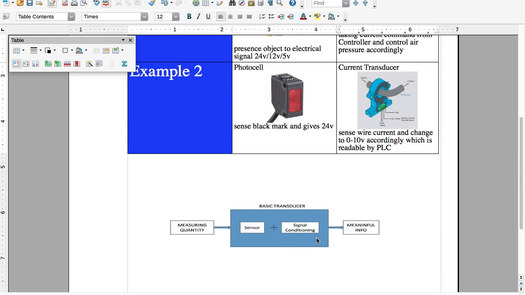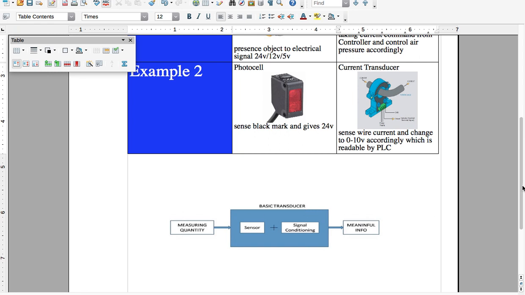It changes the value to be readable, like if it senses some analytical values, it changes them to some readable values. This is a very common understanding diagram for a basic transducer.